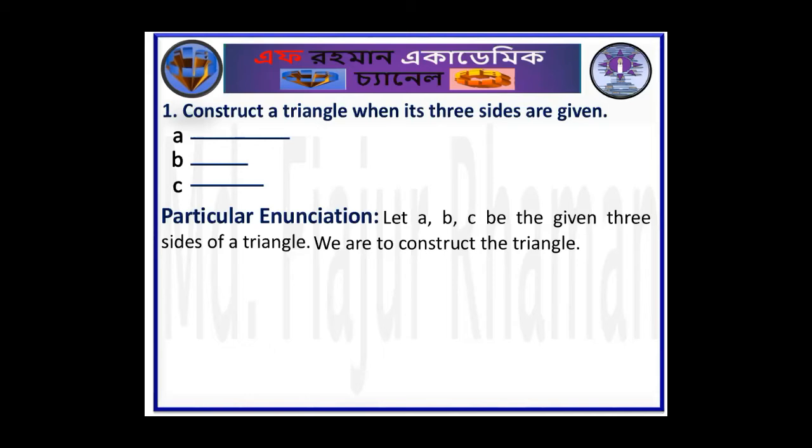And then steps of construction. In either case, we should always consider the ray. We have considered here the ray AE. Step 1, we cut off AB equal to A from any ray AE.